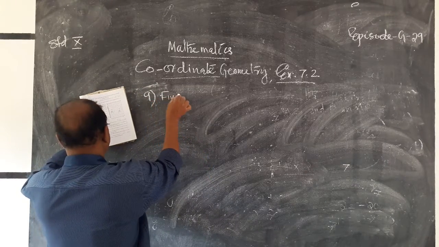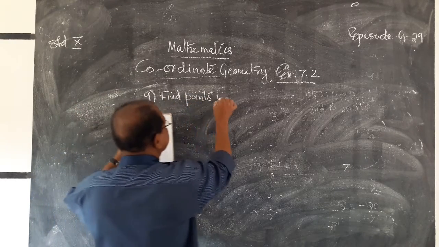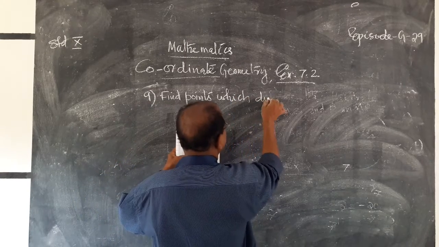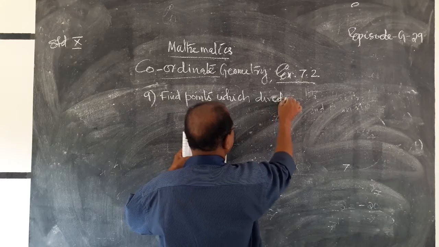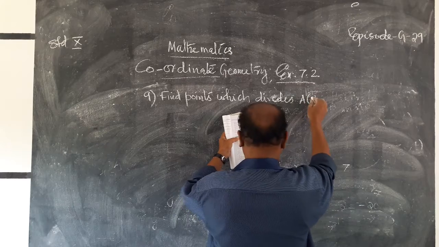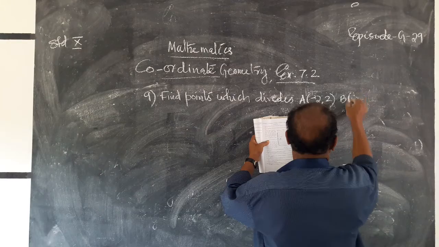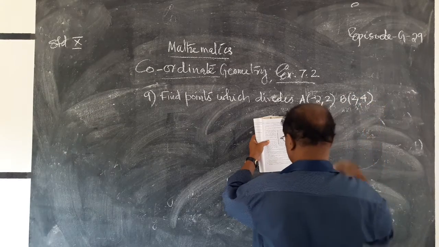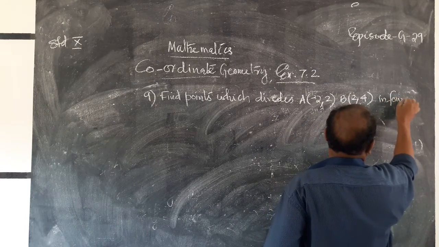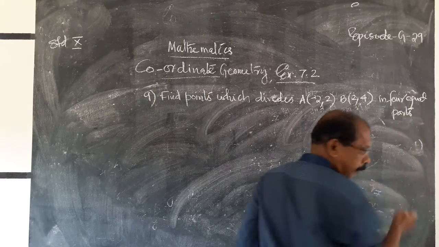Find the points which divide A(-2, 2) and B(2, 4) in 4 equal parts. That's an important question.